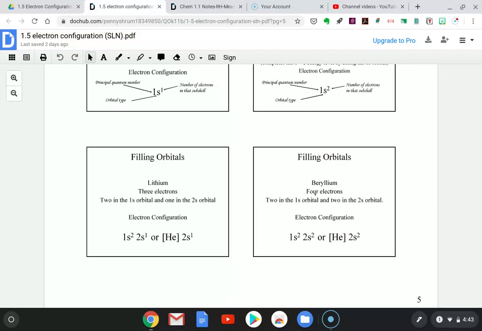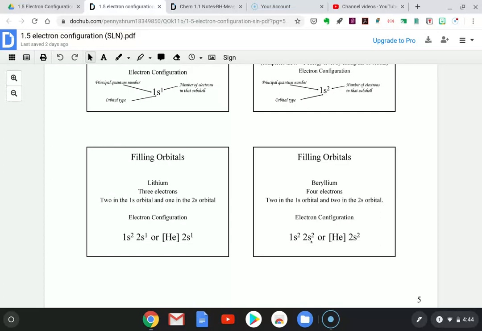Okay. So beryllium has 4 protons, so it has 4 electrons if it's neutral. 2, again, go into that 1s orbital. That's as many as the 1s orbital can hold. And then 2 will go in the 2s orbital. And so the electron configuration for beryllium is 1s2, 2s2. So again, this is showing us I've got 2 electrons in the 1s subshell and 2 electrons in the 2s subshell.